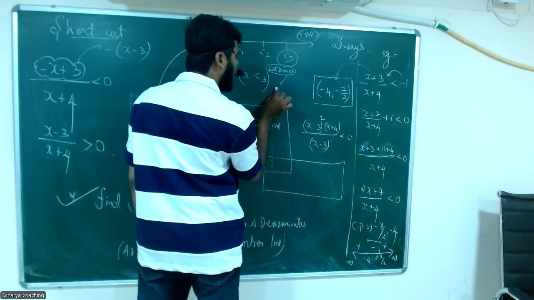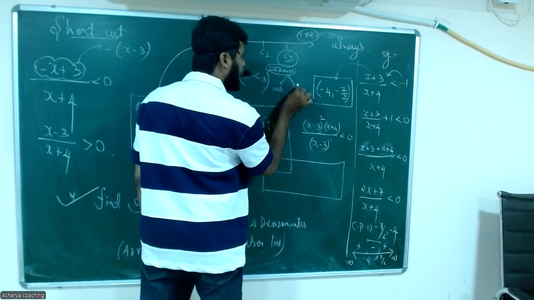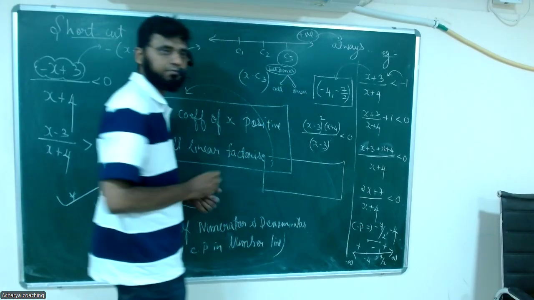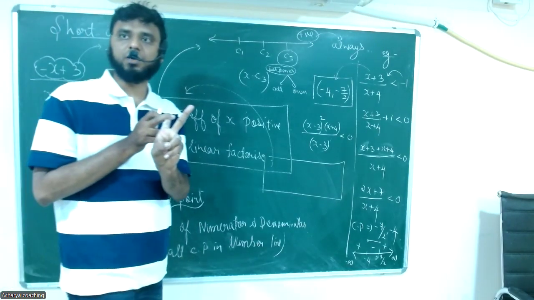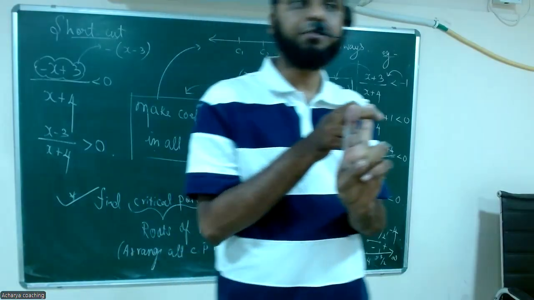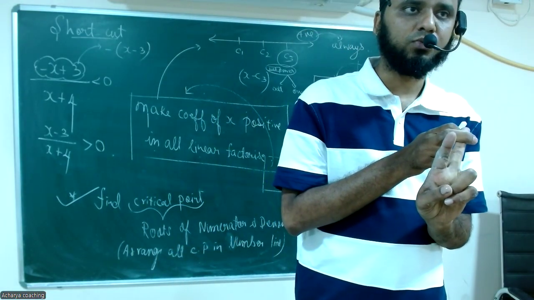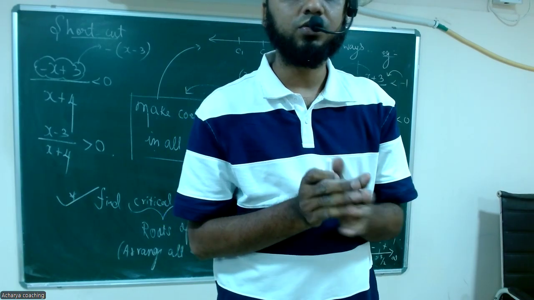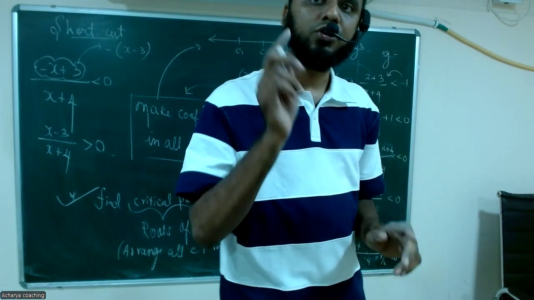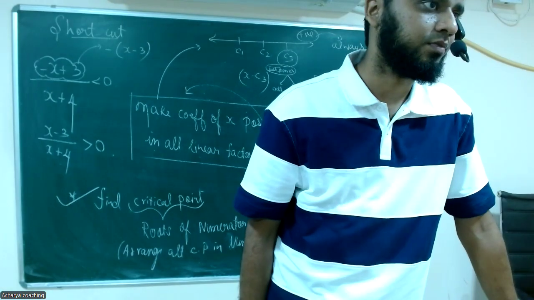So the net power is either an odd number or an even number. Clear? Only two possibilities we have. What if the net power is 3 by 2? In that case, what do we have to do? There is no shortcut for that. You have to substitute the values and check. Clear?